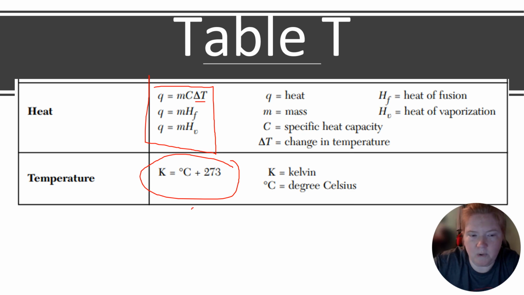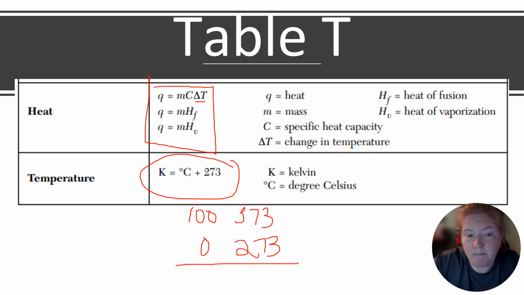Because, for example, the boiling point of water is 100 in Celsius and the freezing point is 0. In Kelvin, the boiling point of water is 373 and the freezing point is 273. When we subtract in both situations, we're going to get 100. So it doesn't matter as long as they're both either in Celsius or both either in Kelvin, because we're going to get the same answer when we subtract.